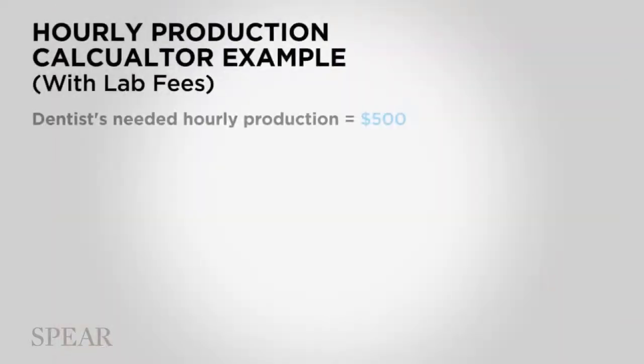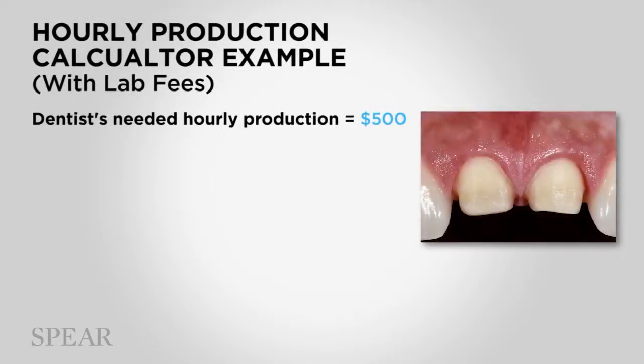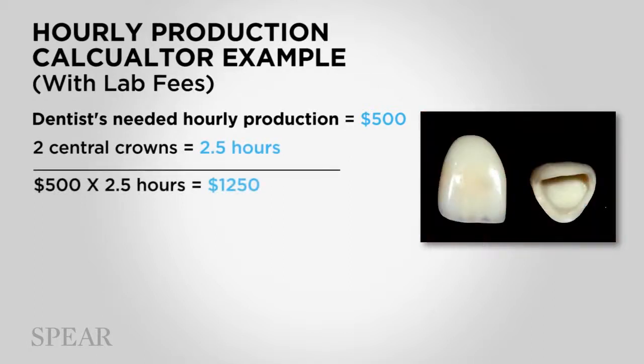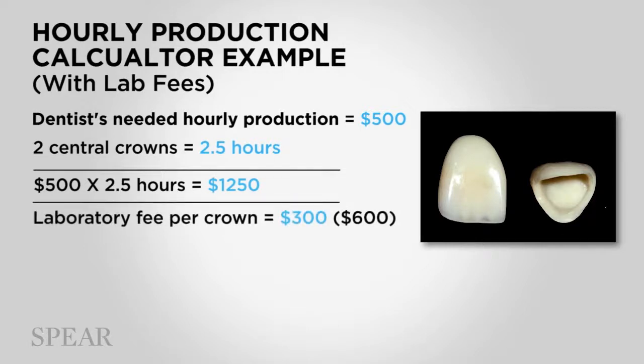But if we use our $500 an hour still, and here's our 2 centrals, and we've got 2.5 hours into them, we now need $1,250 for the 2 centrals without the lab fee. And depending on the lab you use, you could easily be $300 or more per unit for a really high-end lab.